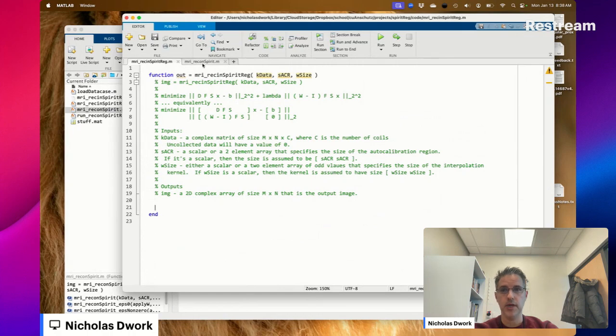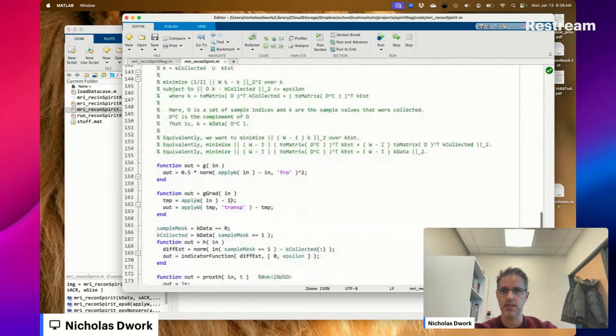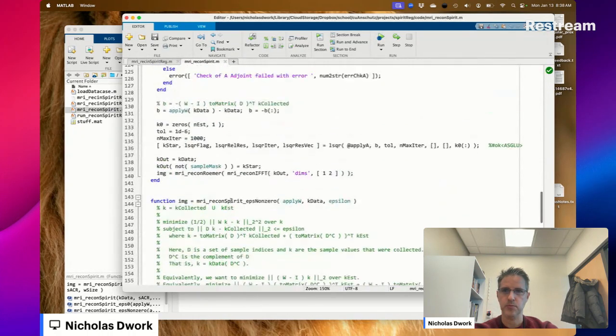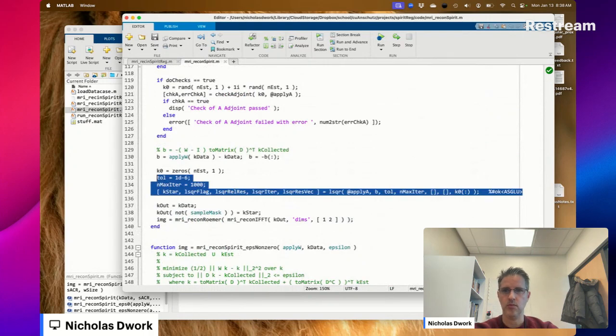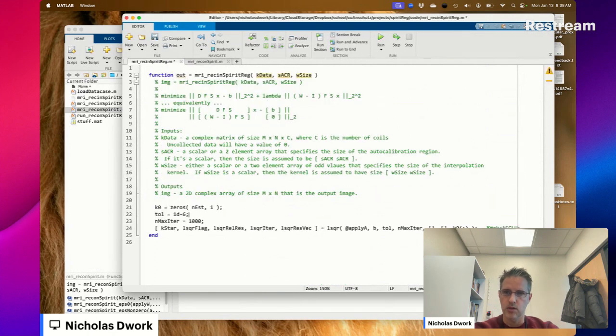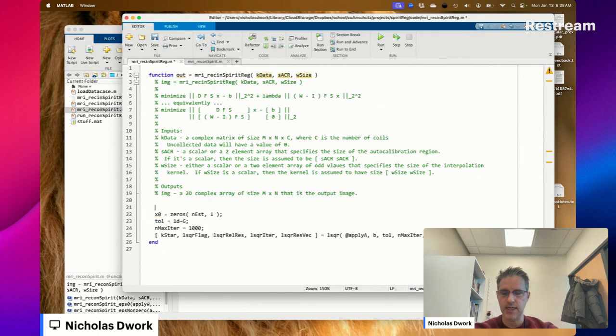I think we already have much of this code written. Let's see. Here we're going to take X naught. Now what's X naught?